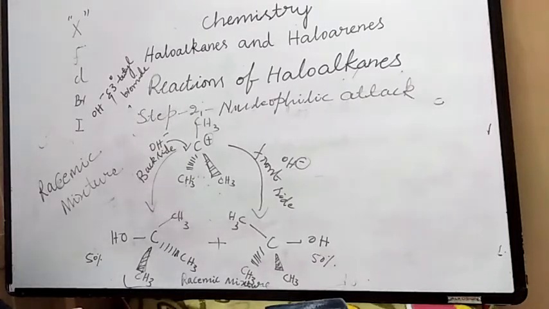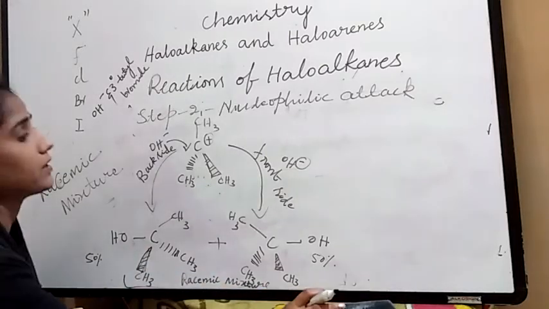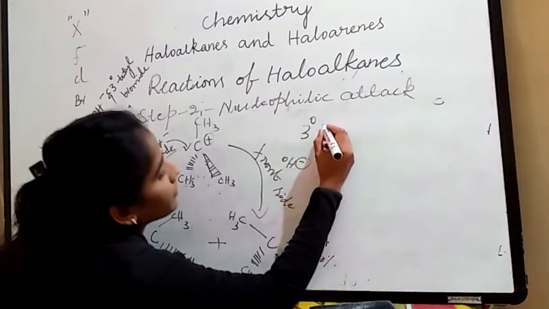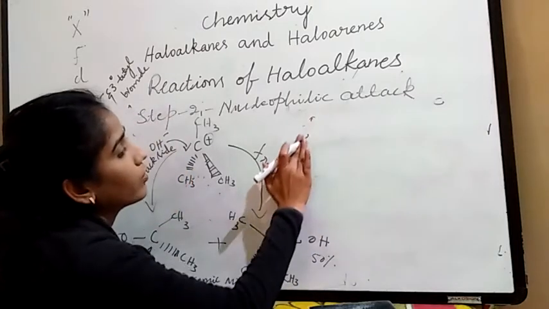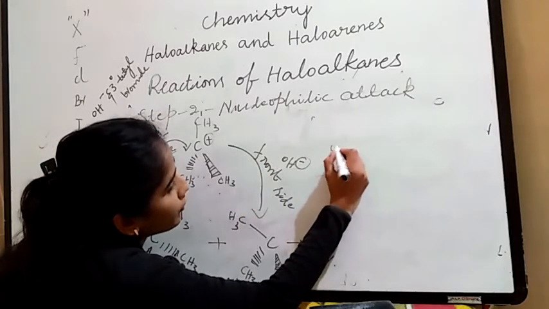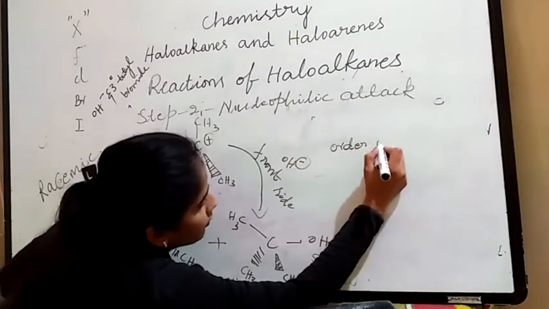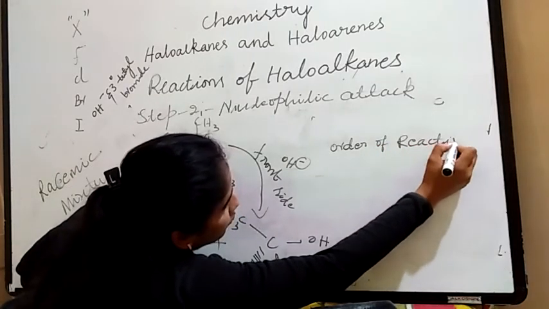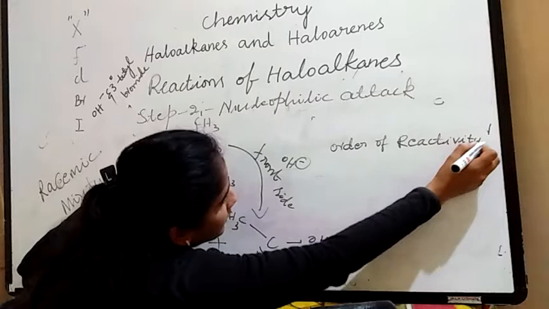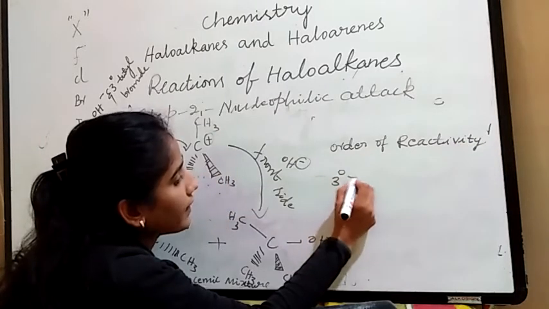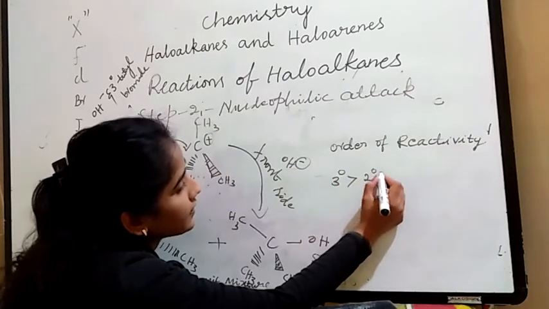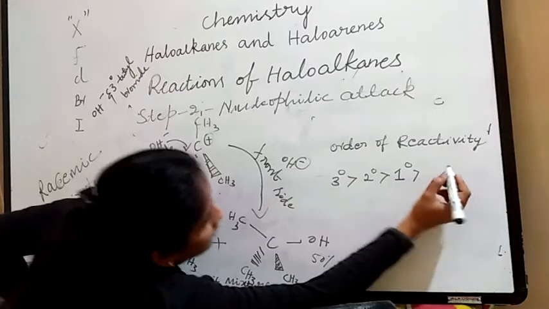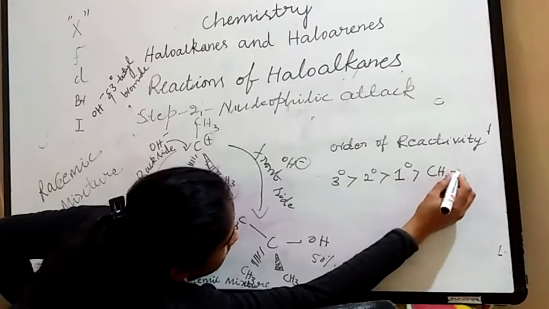So, the order of reactivity in SN1 mechanism is tertiary butyl bromide, right? The order of reactivity is tertiary carbocation is greater than secondary is greater than primary is greater than, I told you, CH3X.